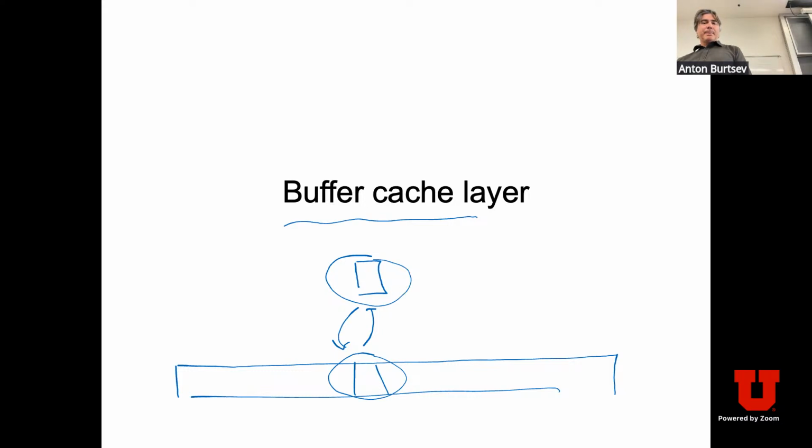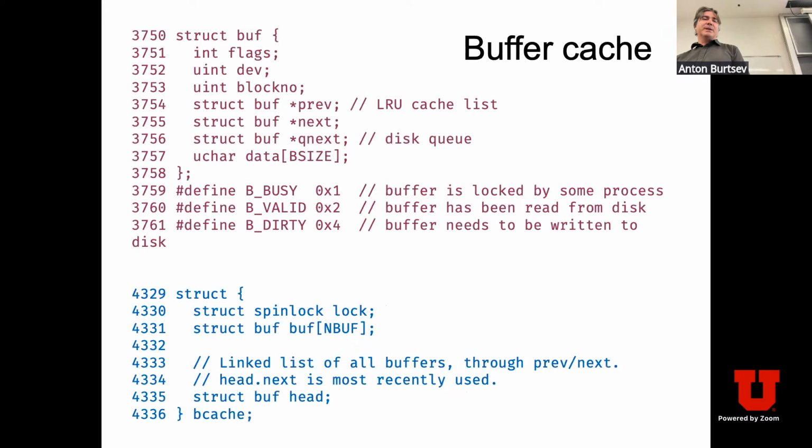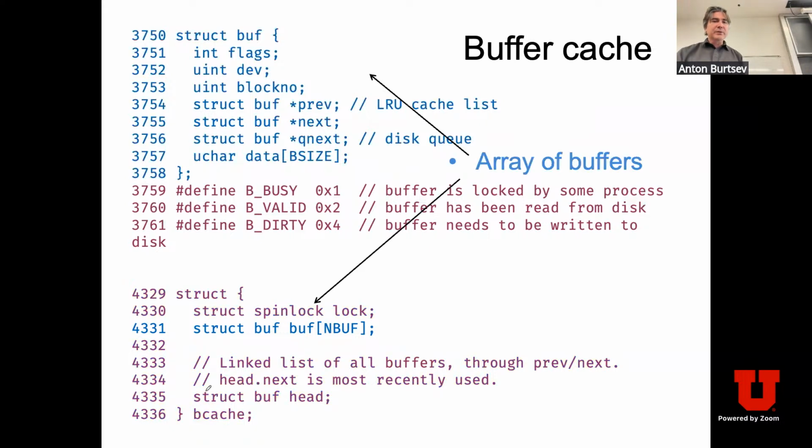Well, roughly speaking, x86 again simplifies everything quite a bit. So what they do is the following: we will have this data structure be cache, that's the definition, literally an array of buffers of NBUF size, right?